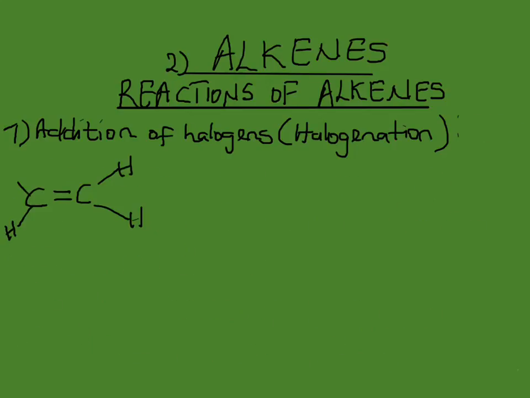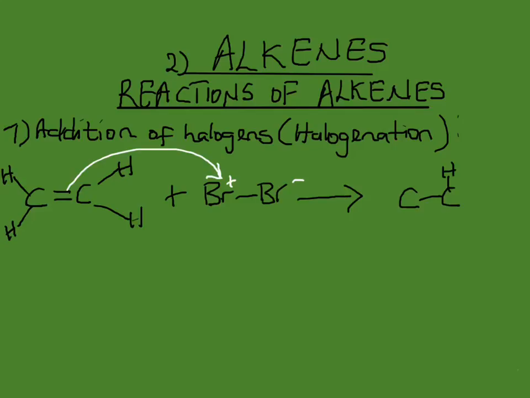You can see from the example there, we have ethene reacting with bromine. If you look keenly on the board, you find that there's an arrow moving from the double bond of ethene to bromine, the reacting species. That is the positive and the negative sign.